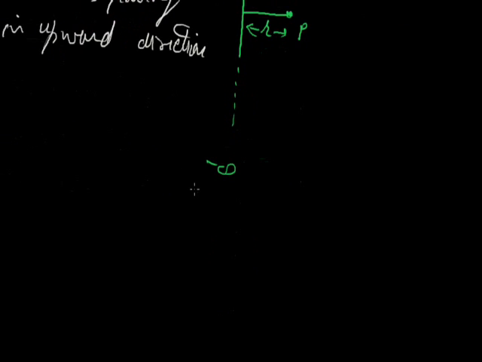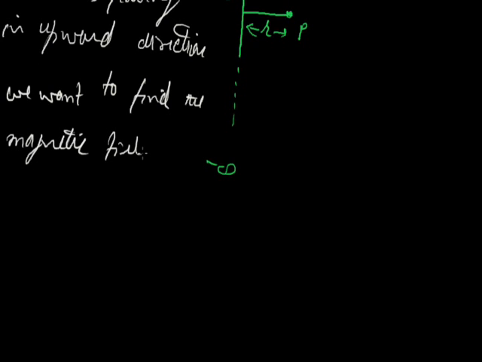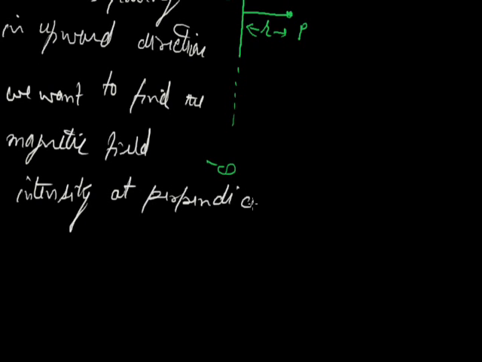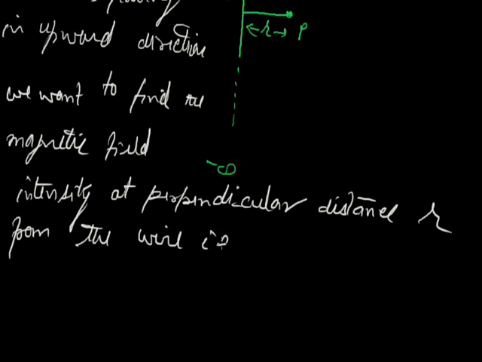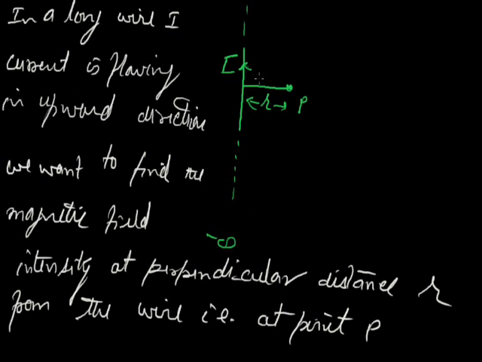We want to find the magnetic field at point P. We want to find the magnetic field intensity at a perpendicular distance r from the wire. That is at point P. This angle is 90 degrees.